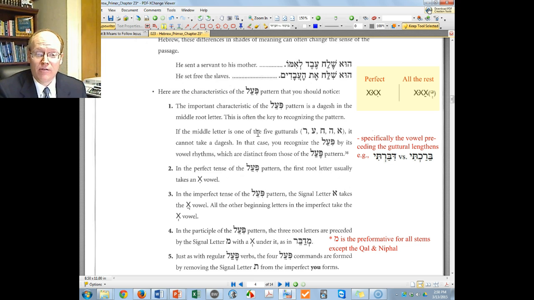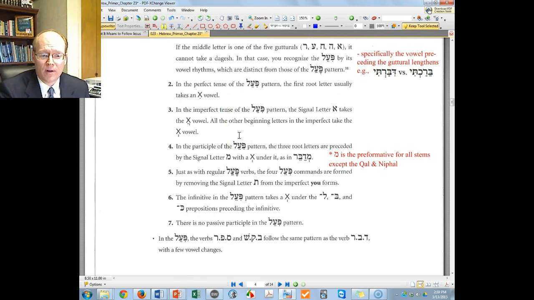It's almost as though the dagesh bounced out of the resh down to the line, and now you have two dots down there that make a tsere. That's not actually what happened, but that's maybe a helpful way to think of it. Okay, so anytime you have a guttural in the second radical position, the dagesh forte will be rejected and cause what's called compensatory lengthening. It will compensate by lengthening the preceding vowel.